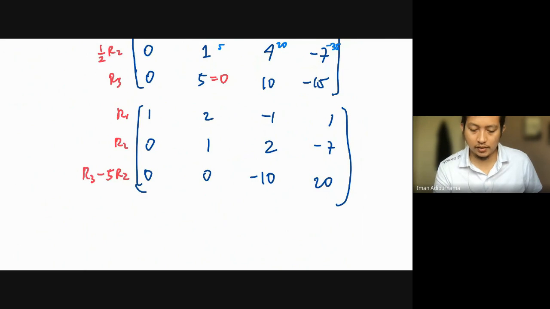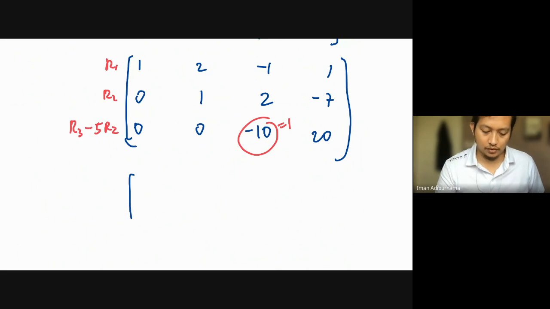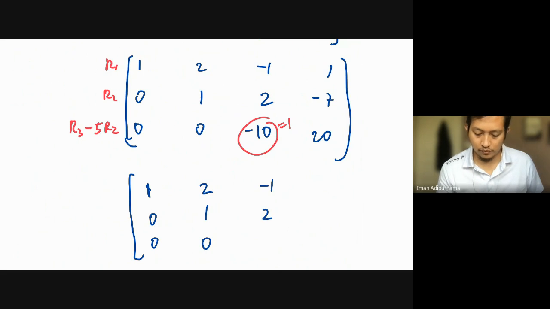Okay, what's next? Next is we want to have this one equal 1, right? So we can just divide by negative 10. So this will be 1. Divided by negative 10, minus with negative 2.